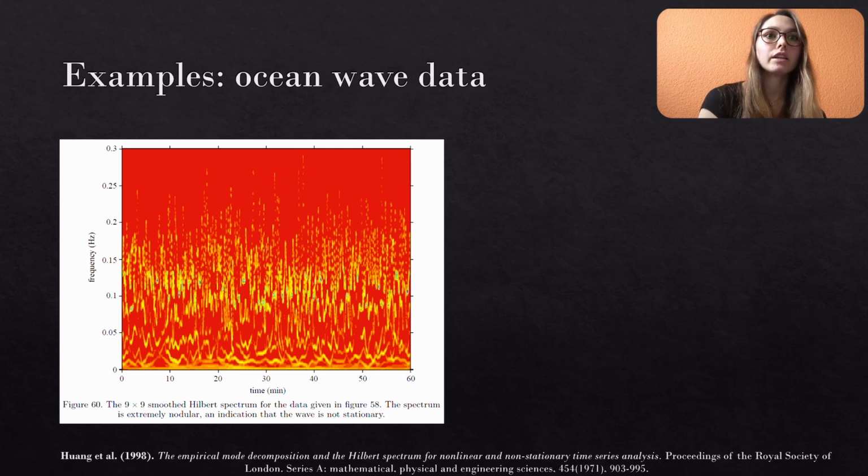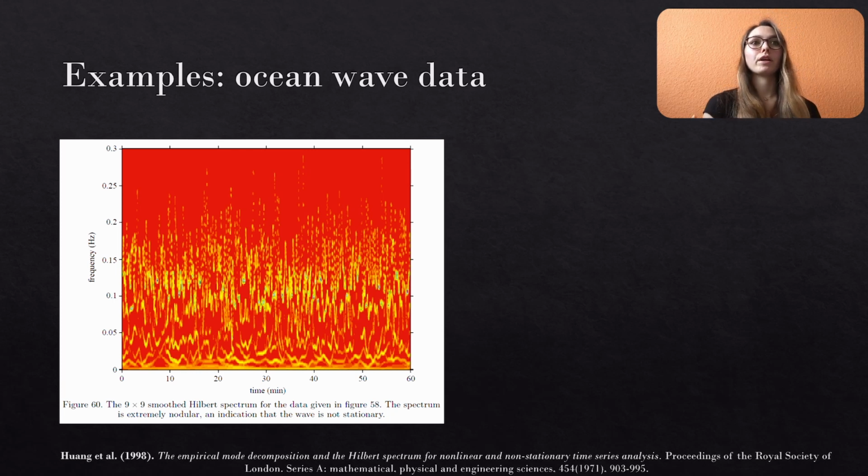The coloring indicates the energy associated with each combination of frequency and time. It's just the squared amplitude that we obtained by applying the Hilbert transform to the IMFs. You see that the ocean wave data behaves highly intermittent, so the frequency content varies strongly with time.